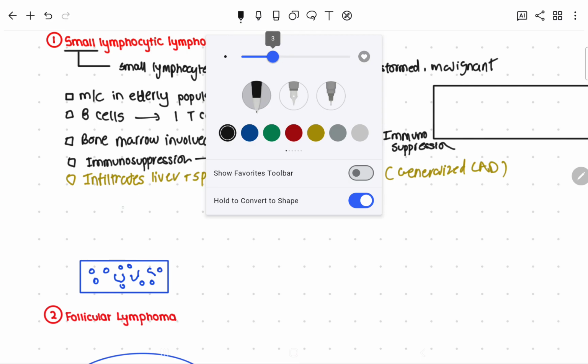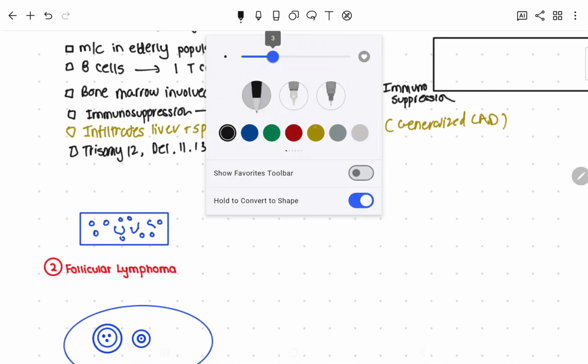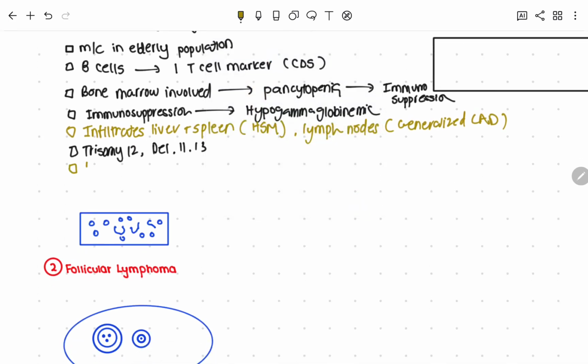Chromosomal abnormalities that are associated with this are usually trisomy 12 or deletion in chromosomes 11 and 13. One other morphological point of mention is that this has a diffuse pattern.